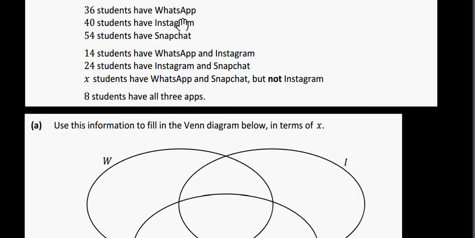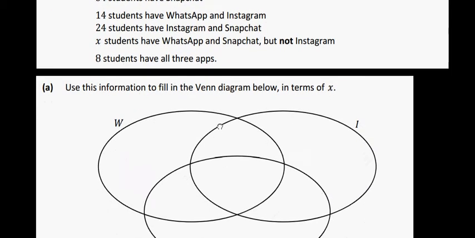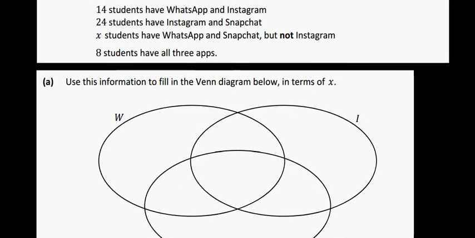36 students have WhatsApp. Well, this is our WhatsApp circle here. We can't fill in 36 anywhere there really, because it's divided into 4 sections, so we don't know how to divide up that 36. So what I normally do here is just stick in maybe 36 here, just to remind me how many students have WhatsApp.